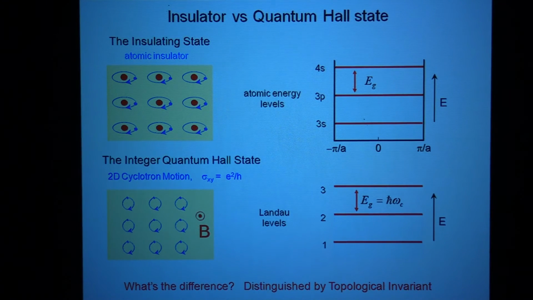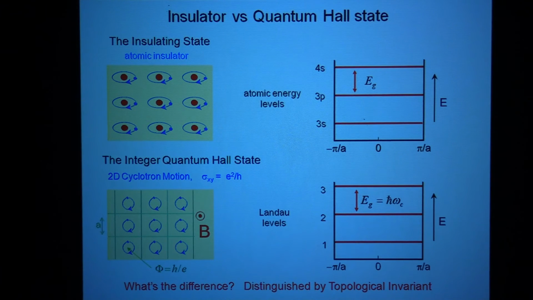Now you might say that I can't describe this within band theory, because when you have a magnetic field, you can't talk about both the x and y components of the momentum independently, because they don't commute with each other. The translations don't commute. But if you introduce a unit cell that encloses a quantum of magnetic flux, then the x and y translations by a lattice vector do commute.